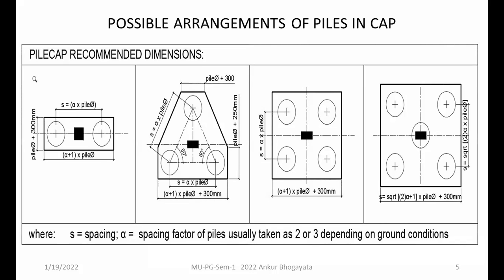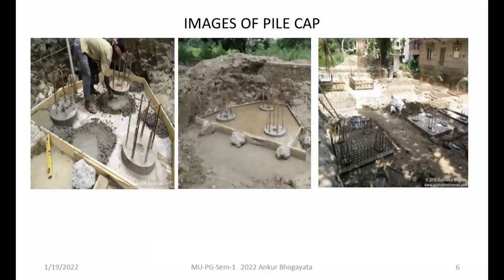There is no limit on the number of piles in a group. But the only thing is how you design the pile cap to resist these forces. And it is also not required that you unnecessarily increase the area of the pile cap. So there are some design aspects on which you should focus while designing the pile cap itself.